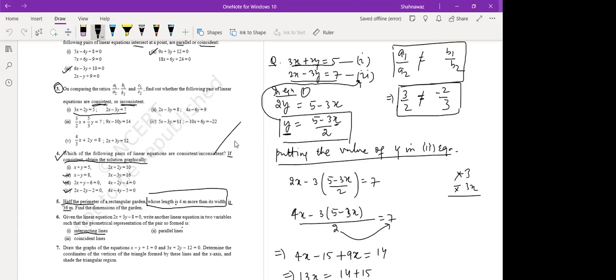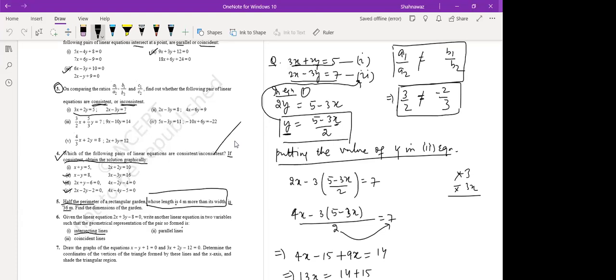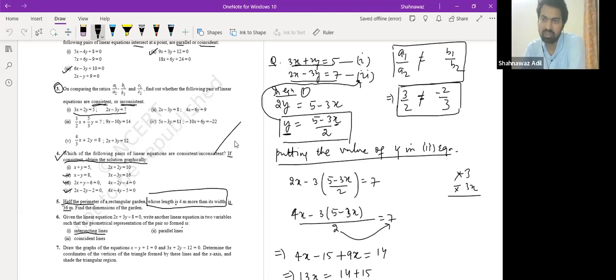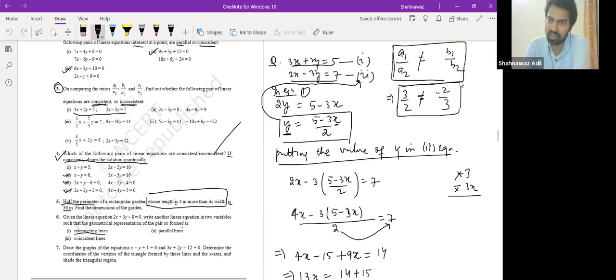Since A1 by A2 is not equal to B1 by B2, we have a unique solution. So we have to first fulfill this condition, and only then can we calculate the solution of x and y.